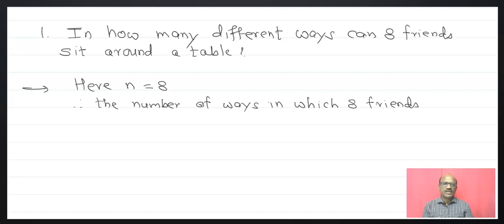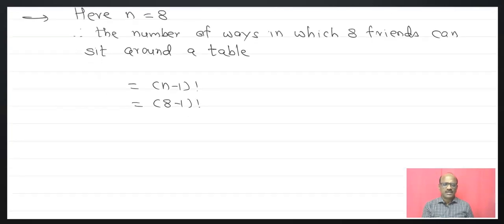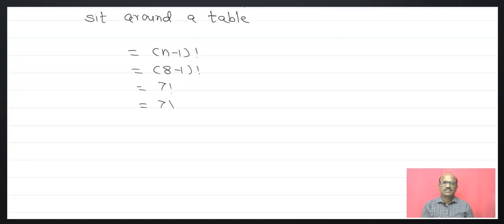Here n is equal to 8. The number of ways in which 8 friends can sit around a table is the first formula, n minus 1 factorial, that is 8 minus 1 factorial, which is 7 factorial. We can calculate its value: 7 factorial is 5040 ways.